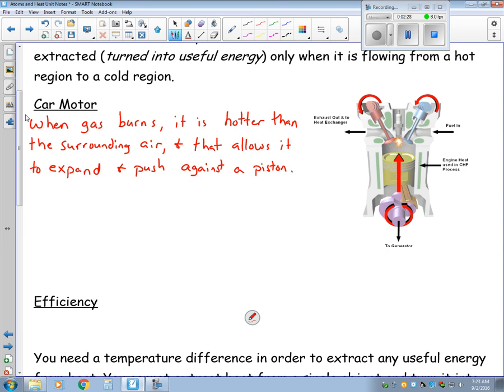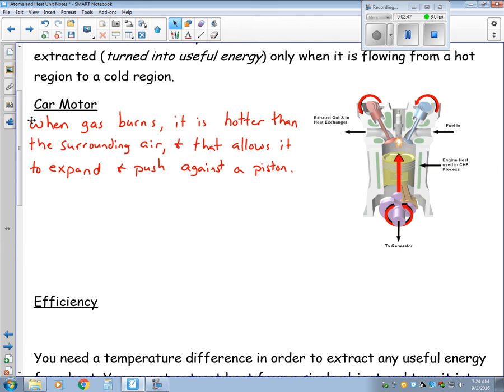So there's some sort of pressure. It rapidly increases the pressure inside of the cylinder, and then that exerts forces on all parts of the cylinder, and there's one part, the piston, which is movable. So that force pushes down on the piston.